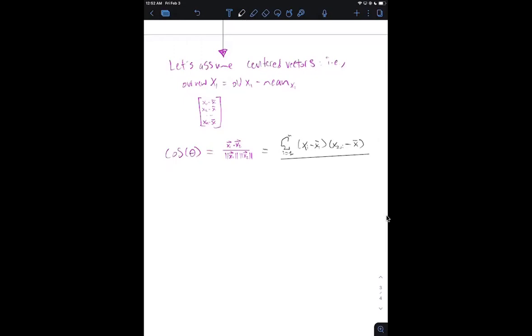And then now what we have in the denominator is basically this. So we've, in this case, just got the roots of these sums of squares. I won't write out the exact index notation here, but it's basically this.